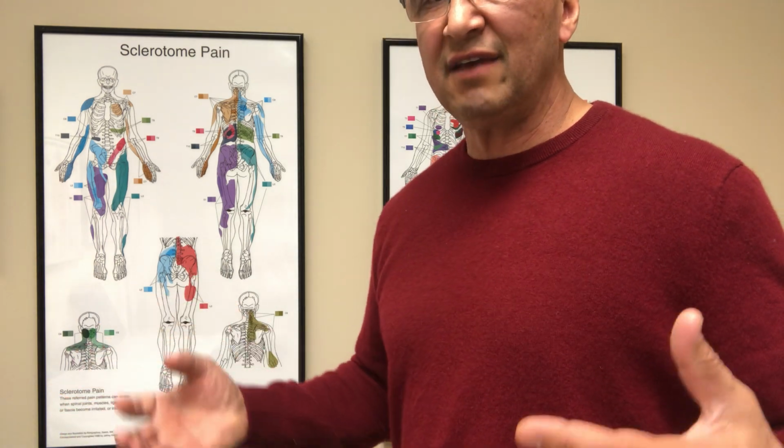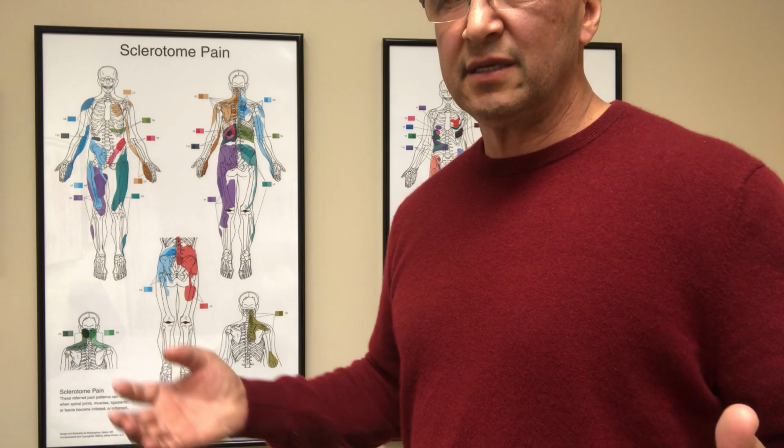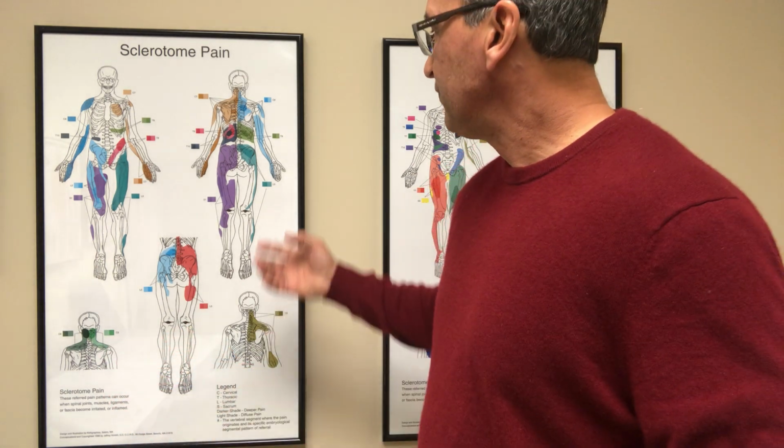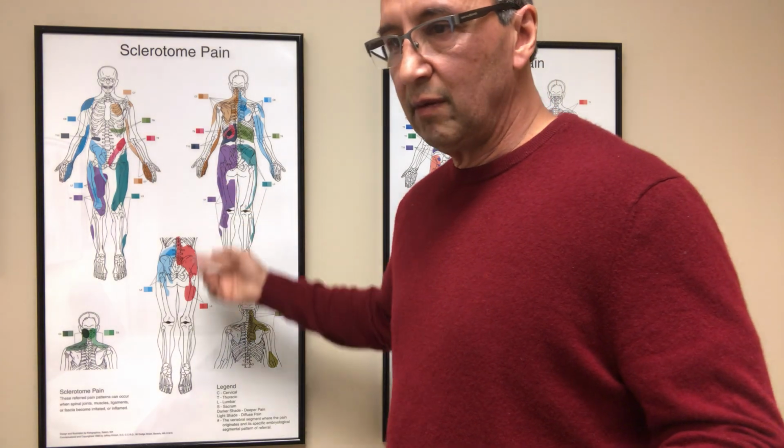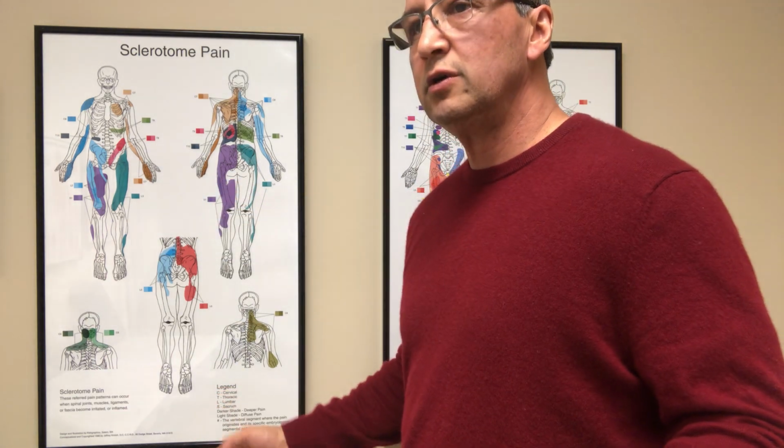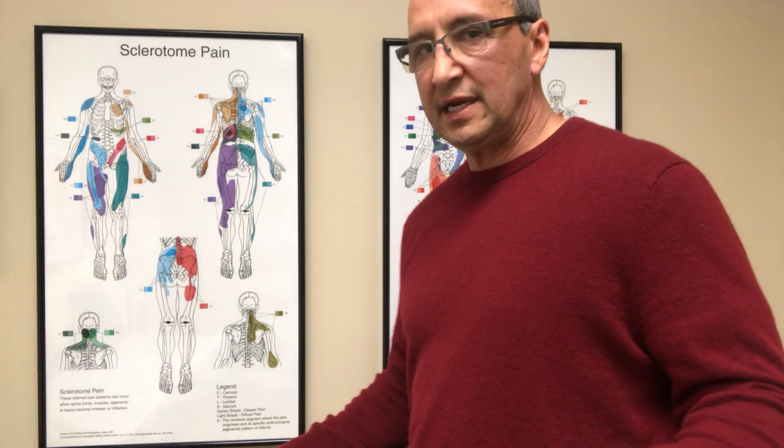And again, the way you would know is you start with whatever your hypothesis is, you treat it accordingly. If it responds, it confirms you're on the right track. If it doesn't respond, you need to reconsider and maybe consider some other diagnoses. I seldom diagnose piriformis problem. I frankly don't know how to diagnose this with any certainty.